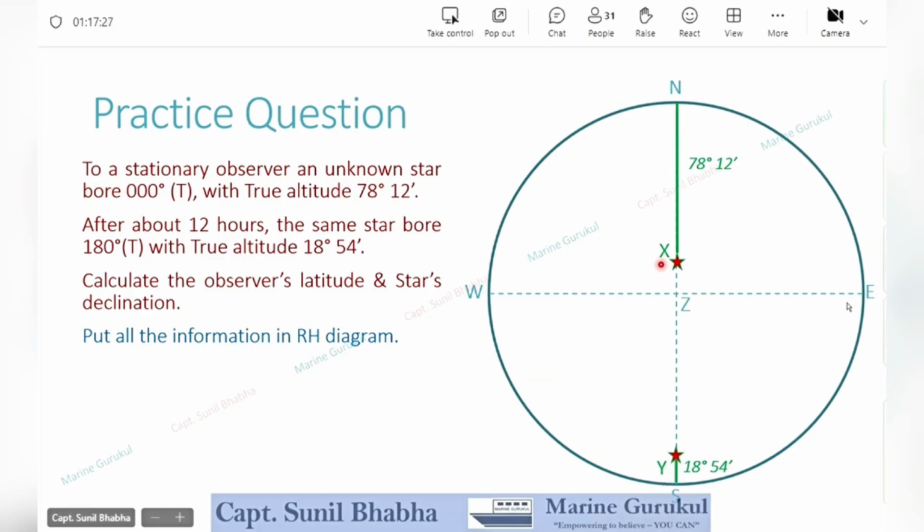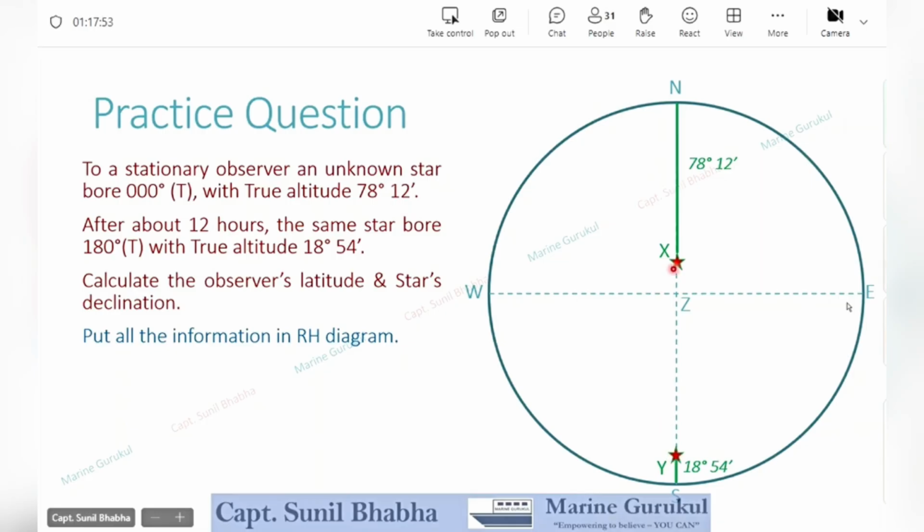The initial location where the star was bearing north is named as X, and at southerly bearing the star is named as Y. So you have all the information that was given in the question in the diagram now. Now these X and Y indicate the location of the same star.